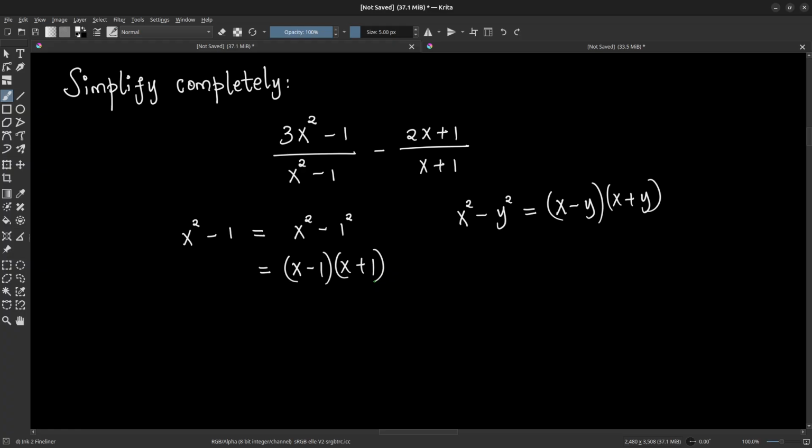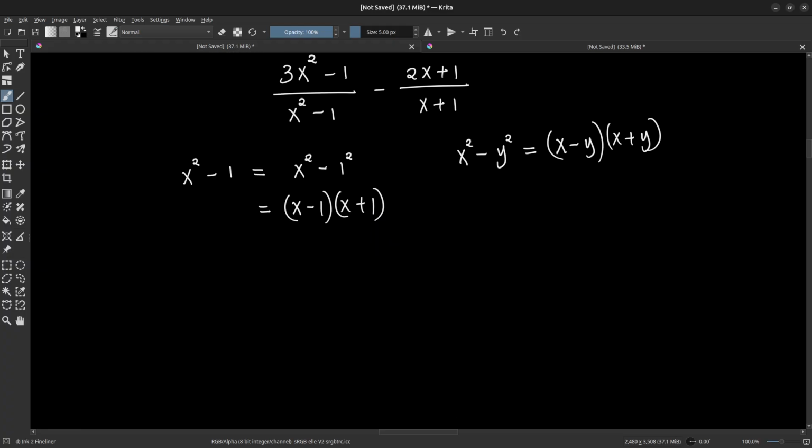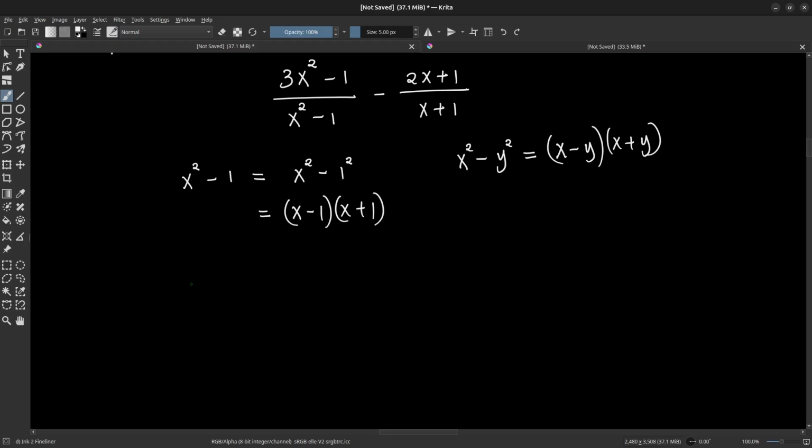Now if we rewrite the expression, we have (3x squared minus 1) over (x minus 1)(x plus 1), minus (2x plus 1) over (x plus 1).